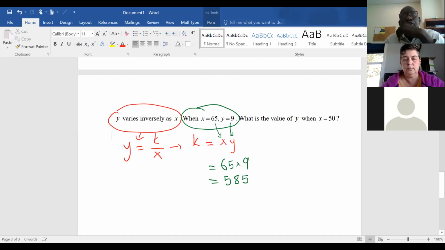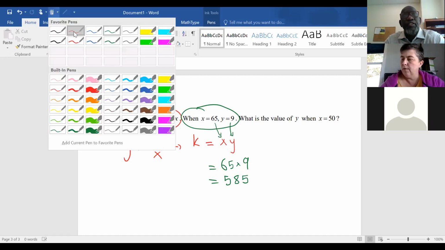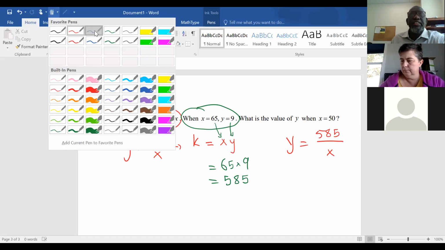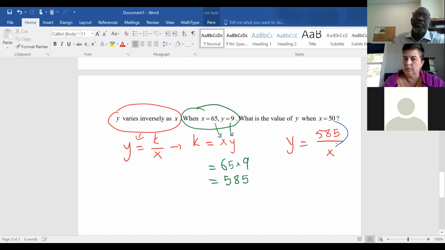Okay. So now that I know my K, I come back here, I say Y equals 585 divided by X. So whenever you give me X, I put X here. It's going to be 585 divided by 50. It's 11 point something, right? 585 divided by 50 is 11.7.